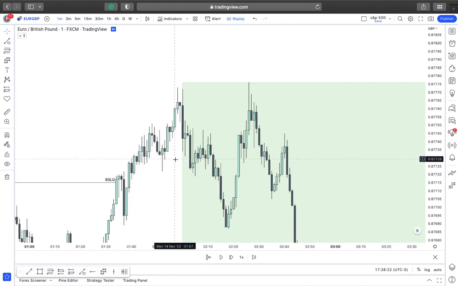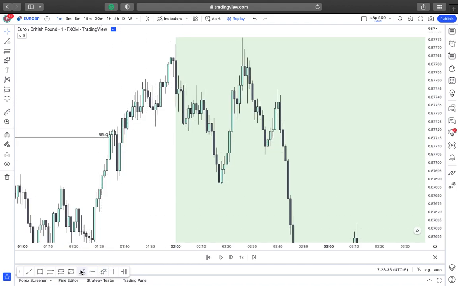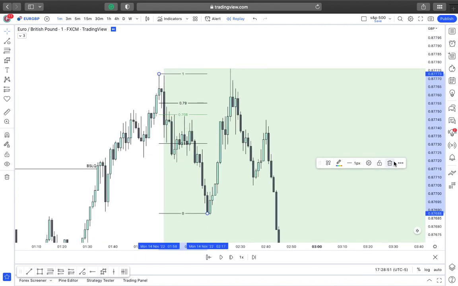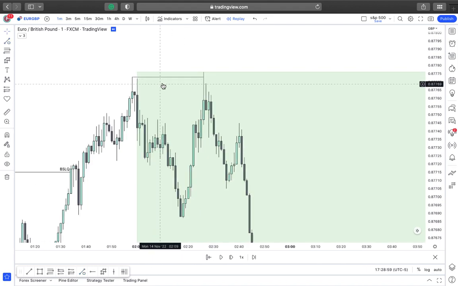So we have the market structure shift, and we have cleared the buy side liquidity, we have cleared everything above, right? But what happens over here is we do not have any fair value gap. The last fair value gap that we have is below the 0.50. So this was the equilibrium, and the fair value gap is below the equilibrium, so we won't be using that one, and this high will automatically become the liquidity point for us.